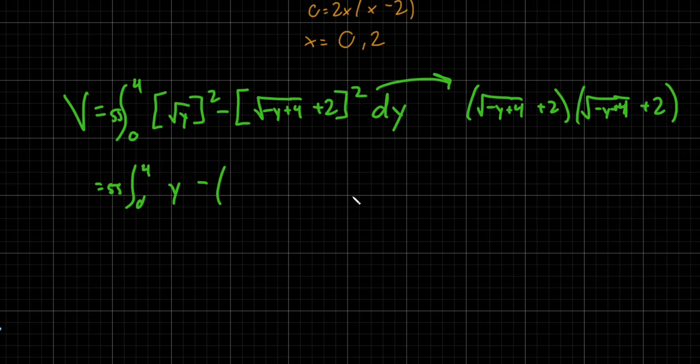Who did FOIL? Okay, Alex, what did you get when you FOILed? Negative 4 square root of y. Okay. I just switched them. We can keep it the way you want. We said negative.